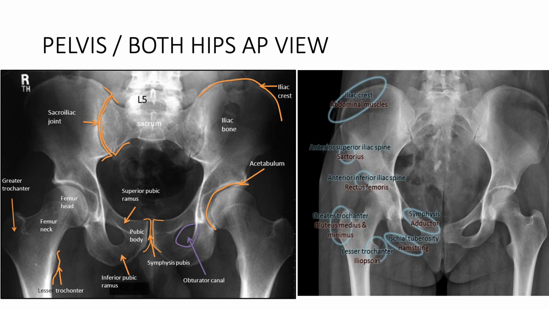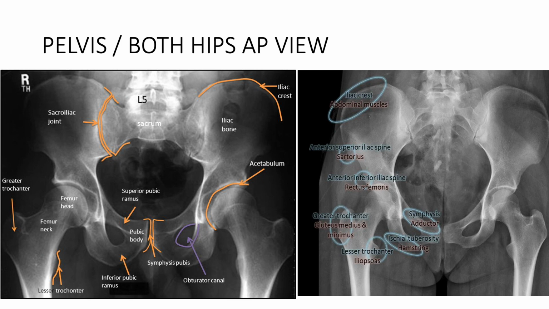On the iliac crest, it's where the abdominal muscles are attached. On the anterior superior iliac spine, the sartorius muscle; anterior inferior iliac spine, the rectus femoris. On the greater trochanter, you have the gluteus medius.